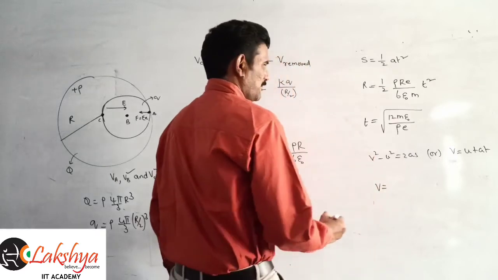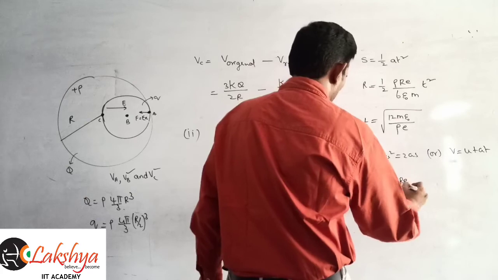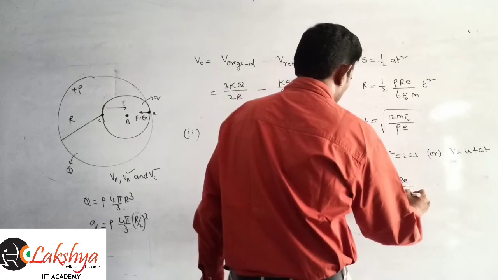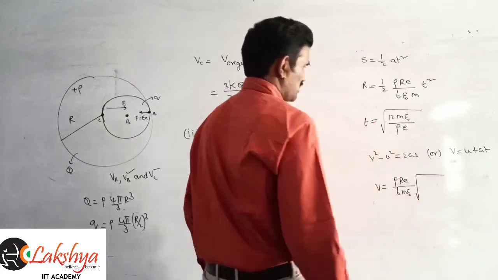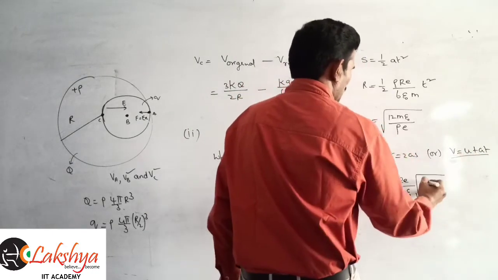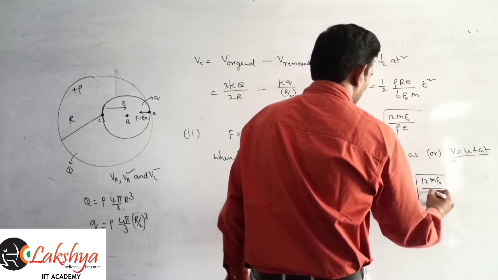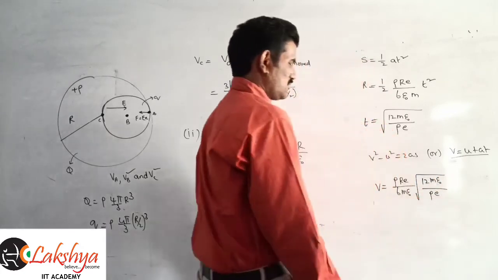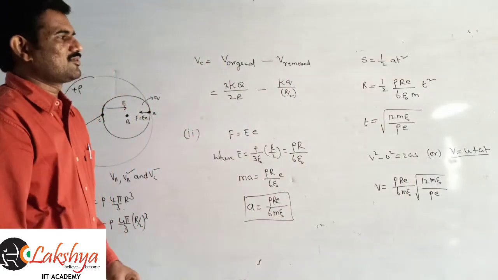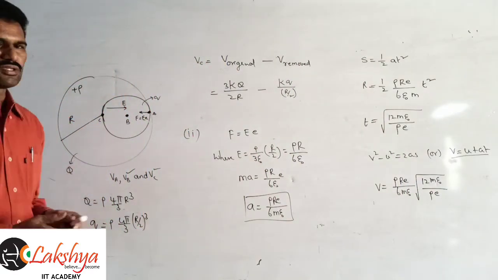Then a is rho r e by 6 m epsilon naught, and I am substituting the t value, which is the square root of 12 m epsilon naught by rho e. Then you can simplify further, and you will get the velocity with which it strikes the other surface, that means the other point here. So that is a way of calculating this problem.